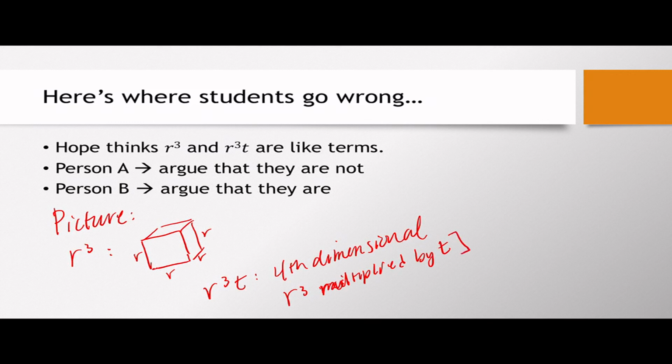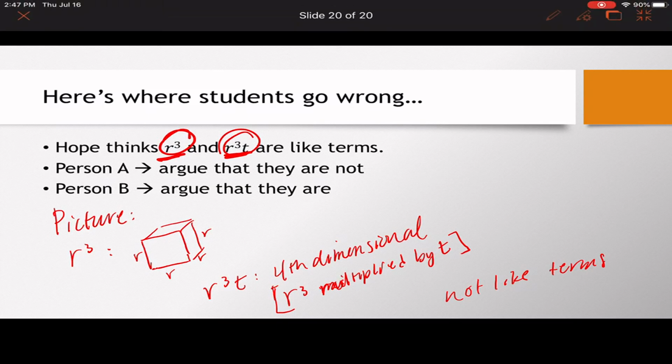So it's a cube, but with another dimension of t, a t distance in another direction, but we don't have 4 directions. Because of that, they're not like terms. They also have different variables here. You can't commute this one to make this one. Variables are different. Okay, so that's what we have for our lecture. Let me know if there are any questions.